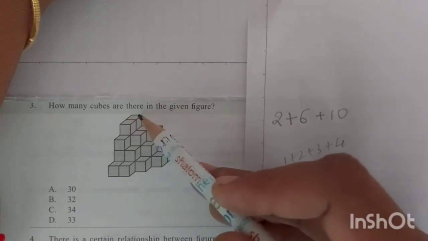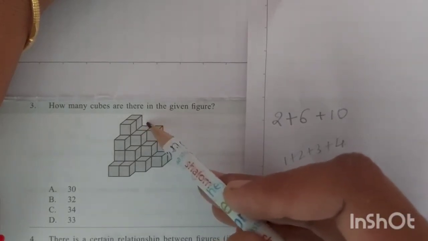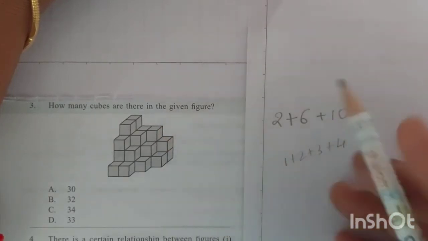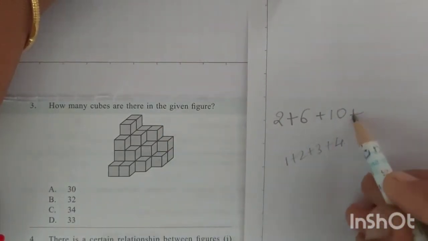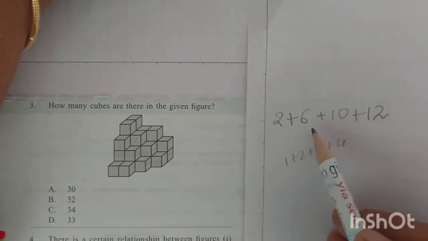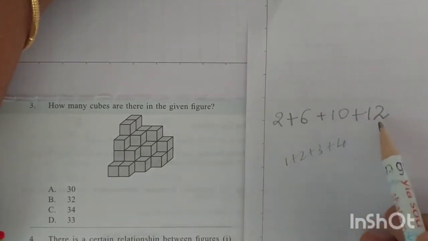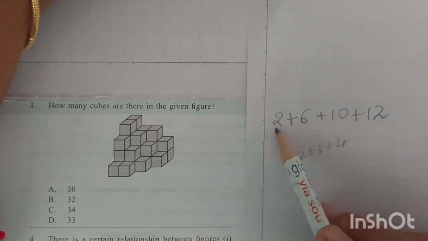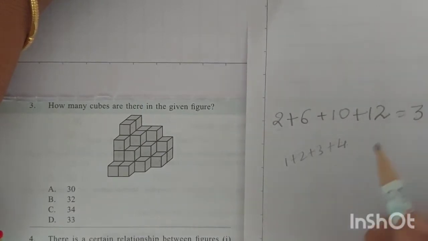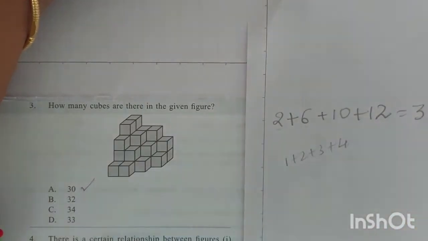Here you will have 4, then 3, 4 and 3 is 7, and 3 is 10, and 2 is 12. Okay, so when you add up, how many cubes are there? That is 12 and 8, that is 20, plus 10, that is 30. So 30 is the correct option.